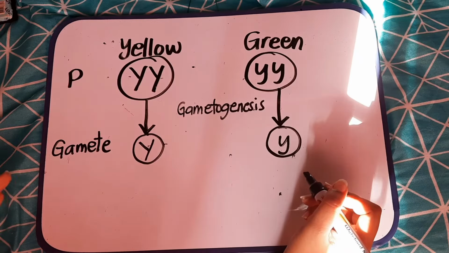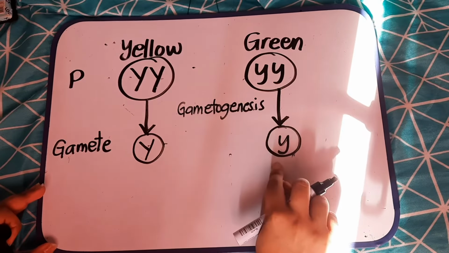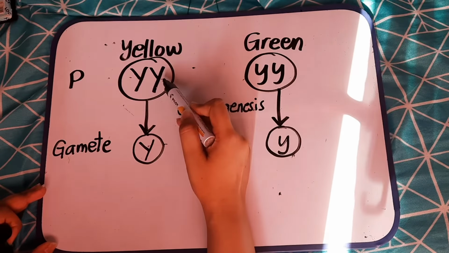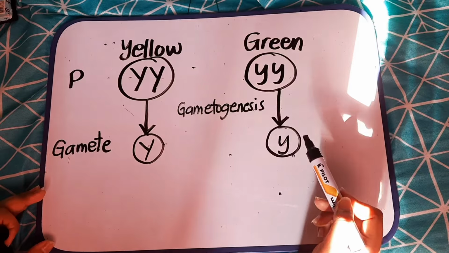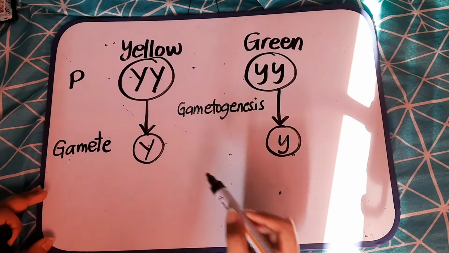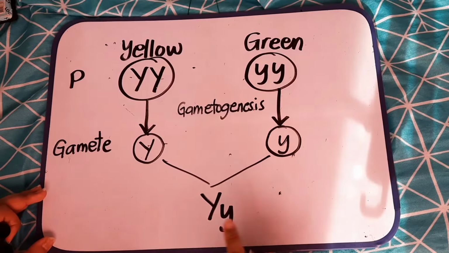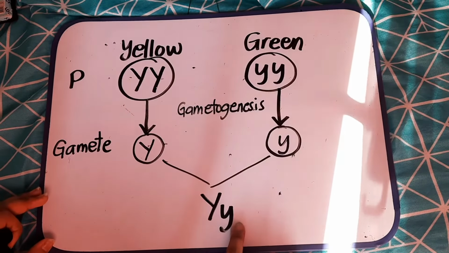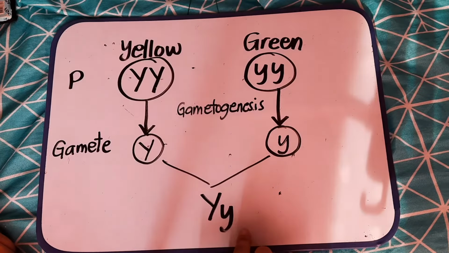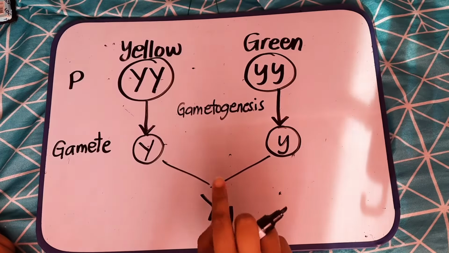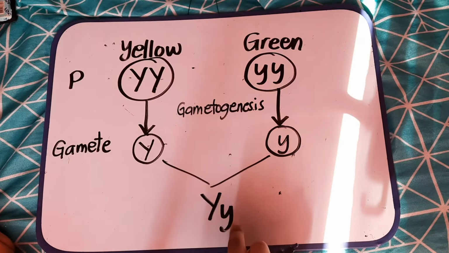So, nung nagkaroon ng formation doon sa mga gametes, galing doon sa pure breed na yellow at pure breed na green, all the zygote will have the genotype capital Y and small letter y, which is heterozygous or naging hybrid na siya. Okay, thus, all the F1 plants will have the genotype of Yy.